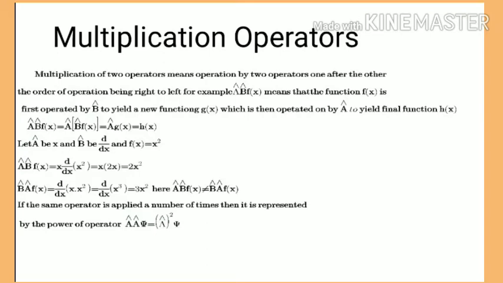If two operators are applied in multiplication, then it means two operators are applied on a function one after the other, and the right operator is applied first, and then we get another function, and then the left operator is applied and we get the result.